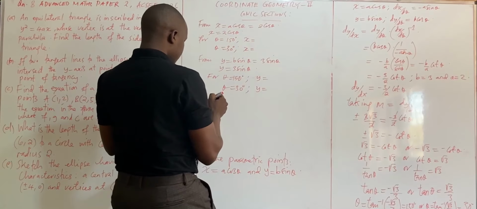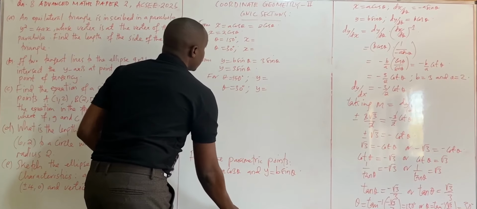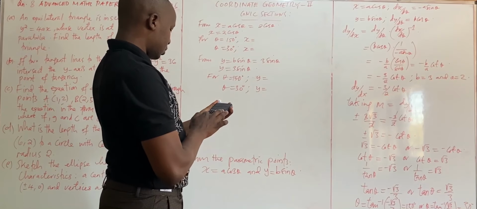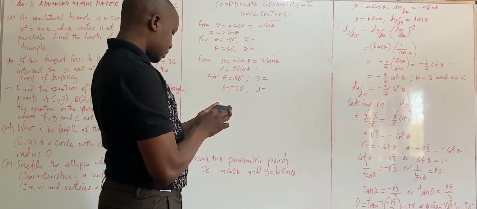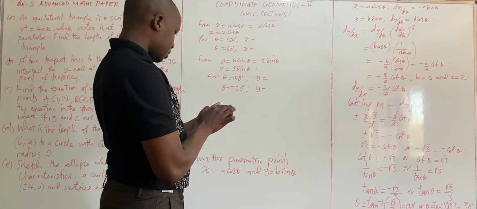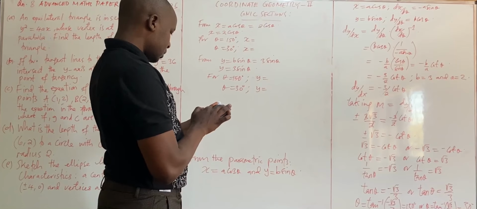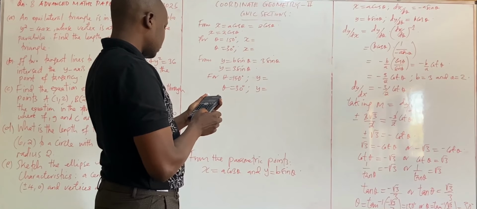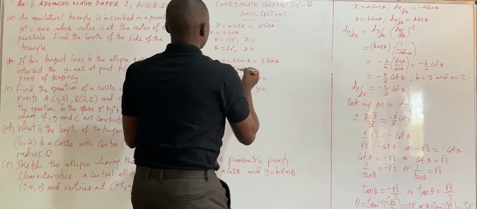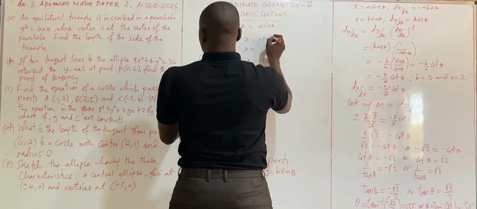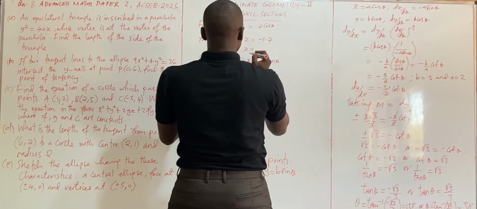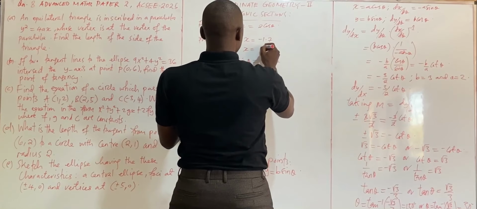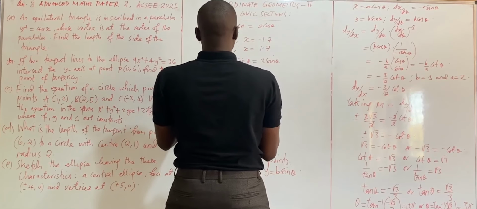From here now we can formulate the points. So let's see. Here we have 2 cosine of theta, then calculate. If it is 150, we get negative 1.7, approximated to 1 decimal place. Then for 30, we get a positive 1.7.